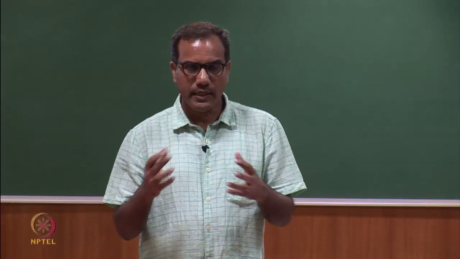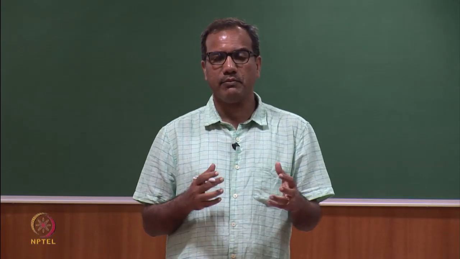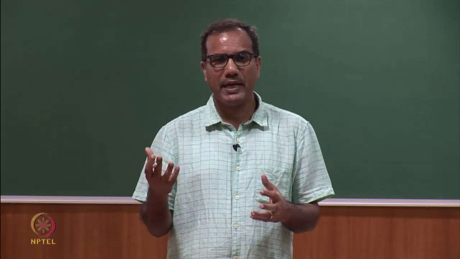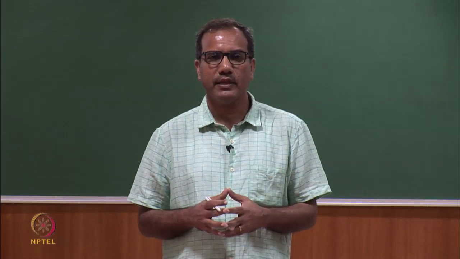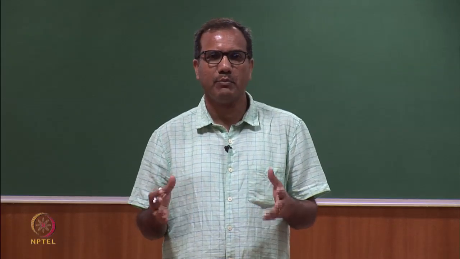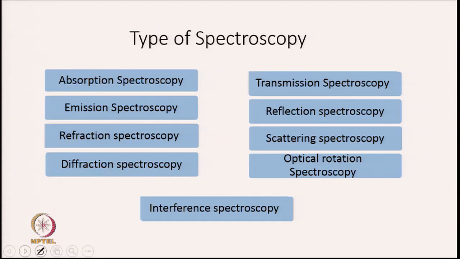So, based on the interaction between electromagnetic radiation and object, you can think of different types of spectroscopy: absorption spectroscopy, transmission spectroscopy, emission spectroscopy, reflection spectroscopy, refraction spectroscopy, scattering spectroscopy, diffraction spectroscopy, optical radiation spectra, or interference spectroscopy.